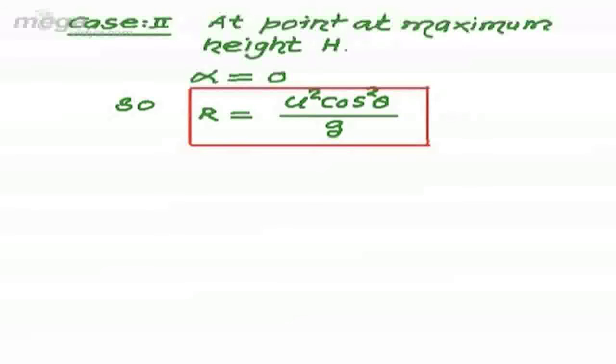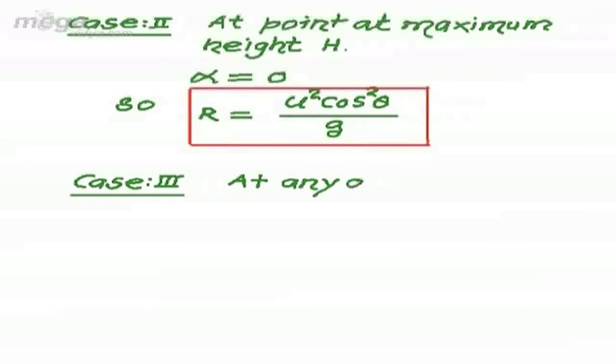So the result now becomes equal to u square cos square theta divided by g.